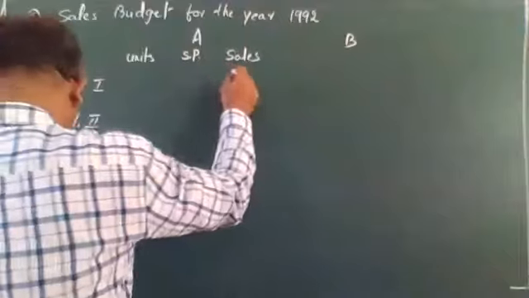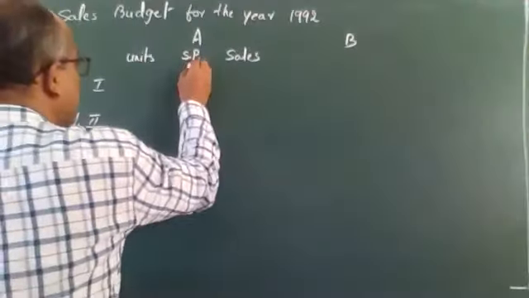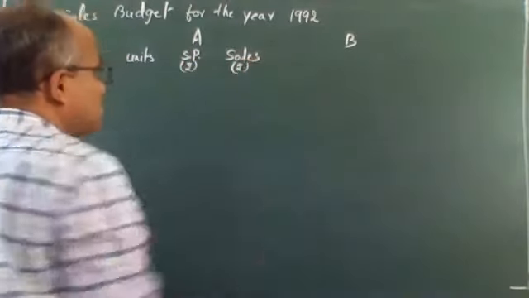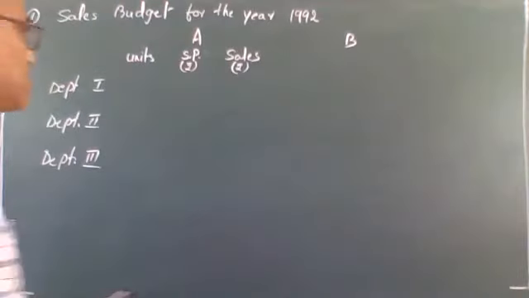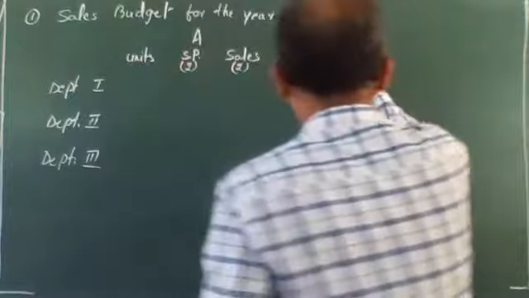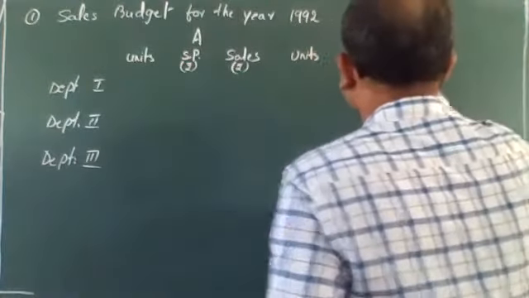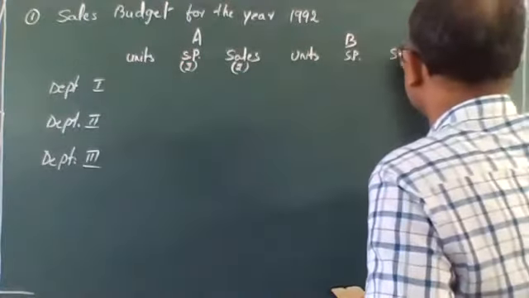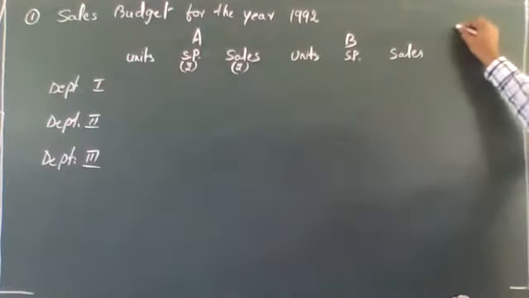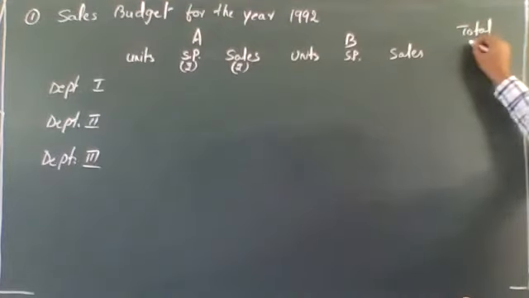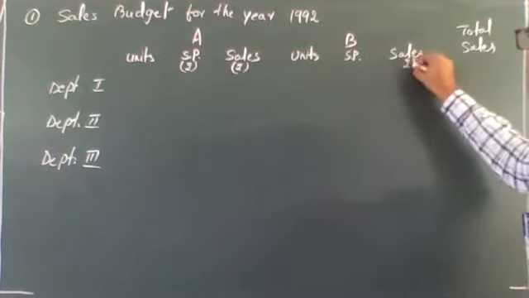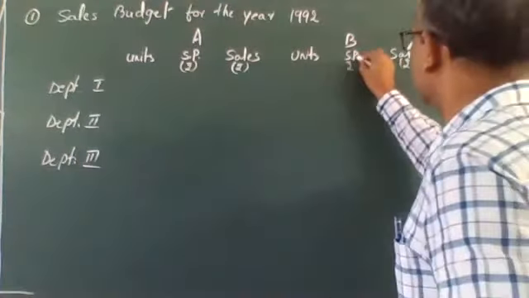Units are in number, selling price in rupees. Same with brand B: units, selling price and sales value. In fact, you can also have a total sales column, where you can add up the sales figures and show them.